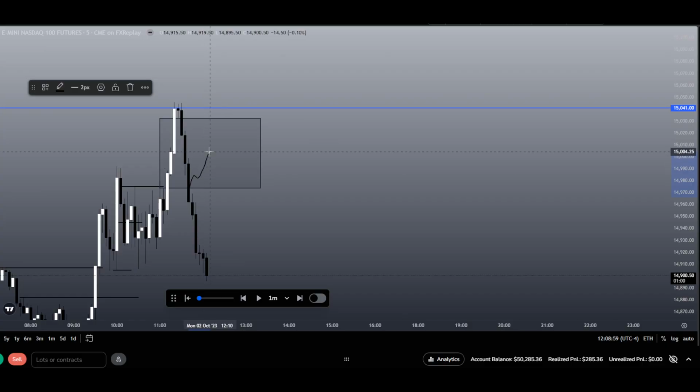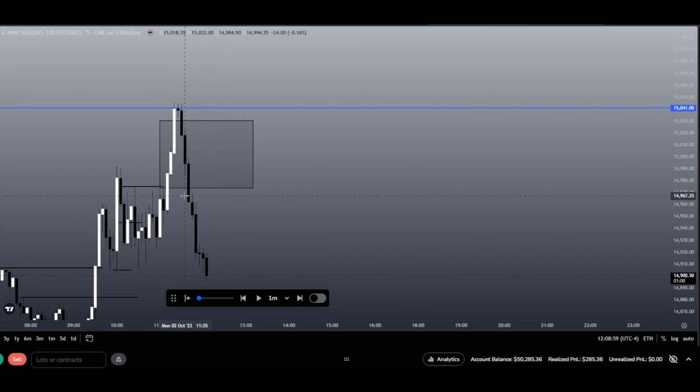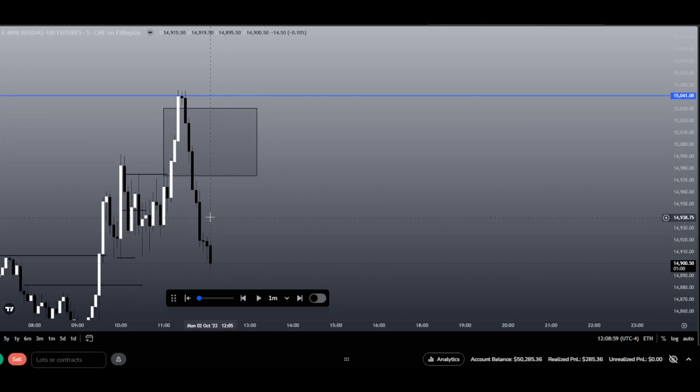I maybe expect price to come back into here, but if price starts disrespecting this BPR, which technically is here, and we come back up to here, then I'm like, okay, we're probably not that bearish. With this much momentum, that much V-shape, we should just send lower here. We should get a small pullback, then a dump. That makes sense. And now that we have liquidity, I can expect this gap to get rebalanced.